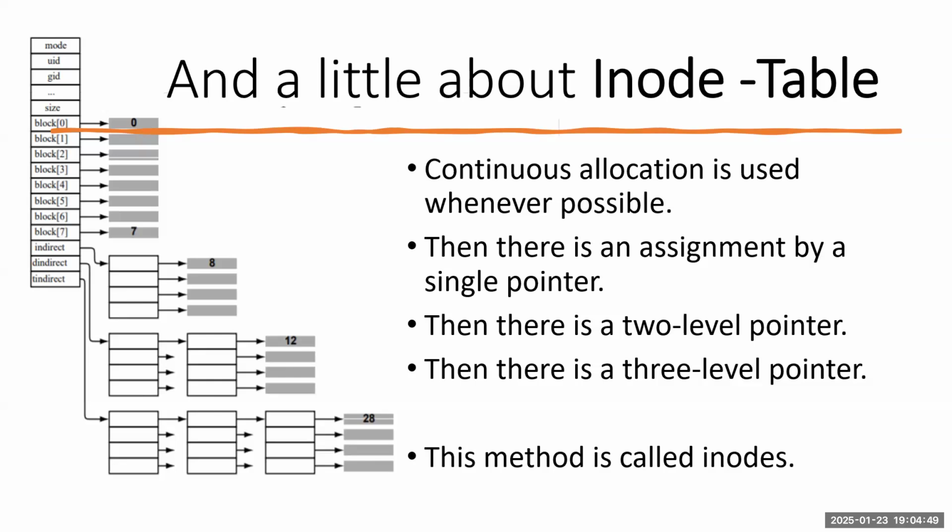Now I have T indirect, which stands for triple indirect. So now I'm gonna have 16 squared, which is 256? Is it 16 squared? It's 4 times 4 times 4, right? Well, 16 squared is 2 to the 4th squared, so it's 2 to the 8, 256.